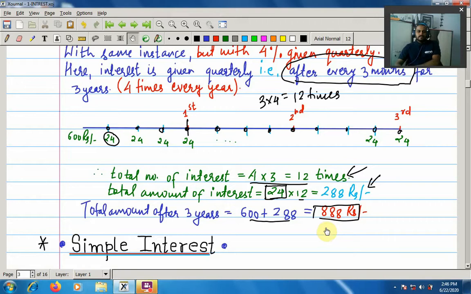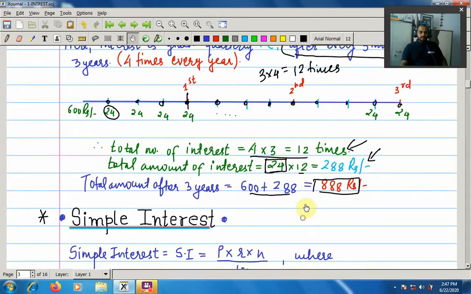So this example makes one thing very clear, that the rate of interest per annum gives very less interest as compared to the rate of interest half yearly, and then comes quarterly. Quarterly gives the biggest amount of interest.